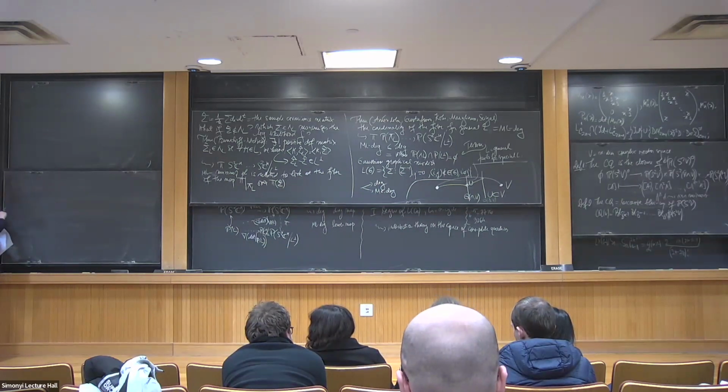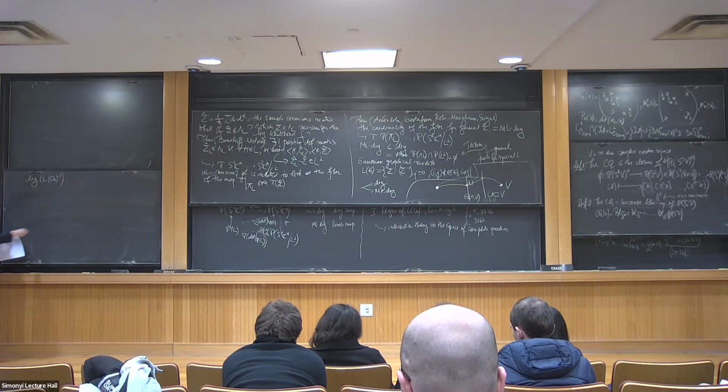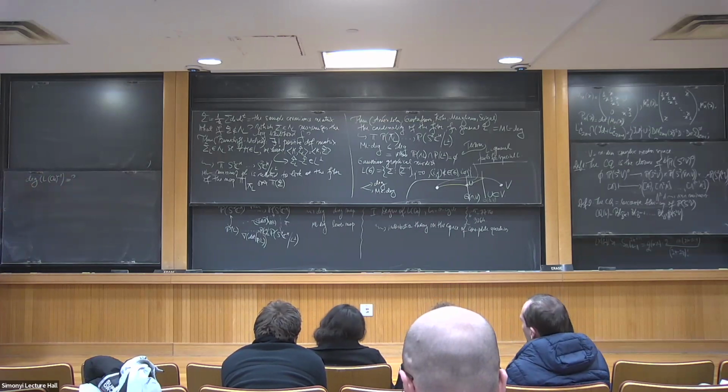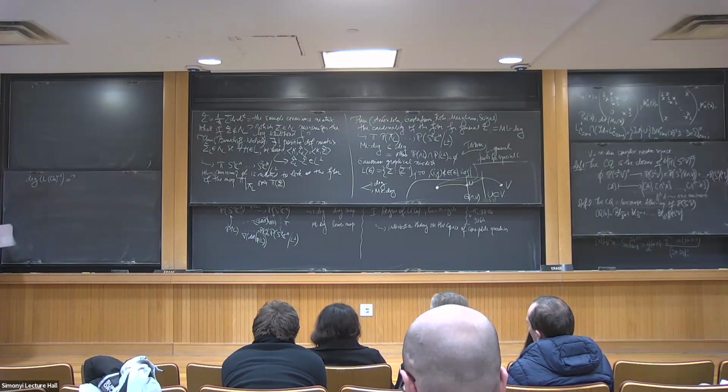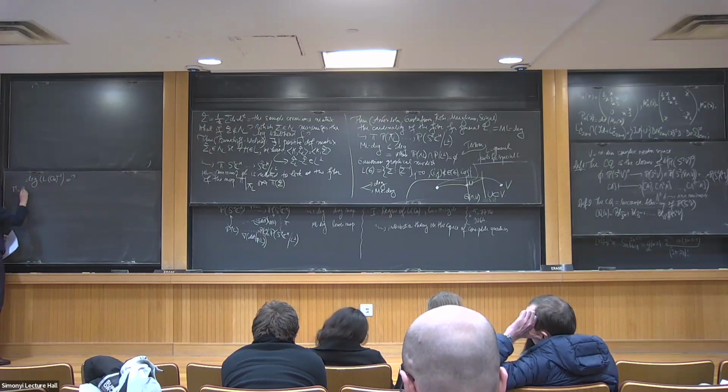Good. And now I want to recall that what we want to compute is the degree of L_{C_m} inverse, and we want to show that it's in fact the formula hidden somewhere there. Here we show something more general.